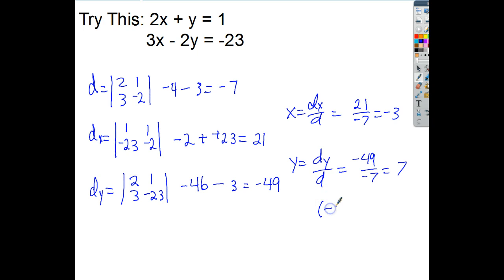Solution to the system, negative 3, 7. Okay? And just a reminder that this is just another way of solving systems of equations. We've done several ways. We've done solve by graphing, by substitution, by elimination, and now we solve by Cramer's rule. If we were to graph these two lines, just a reminder, they would intersect in one point at negative 3, 7.